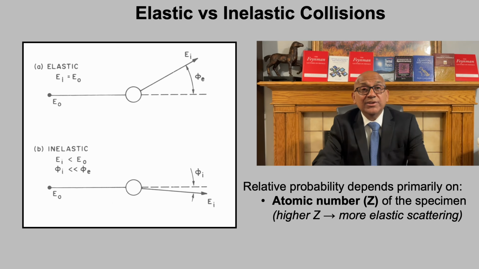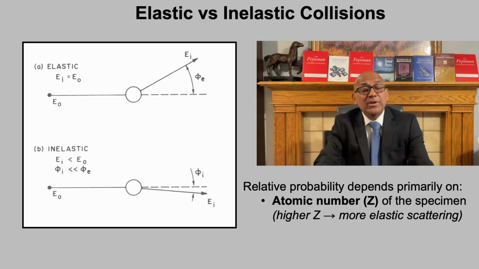In contrast, during an inelastic collision, the incident electron interacts with the electrons of the atom. Part of the electron's kinetic energy is transferred to the specimen through excitation or ionization processes. The scattered electron therefore exits with reduced energy and typically only a small change in direction.